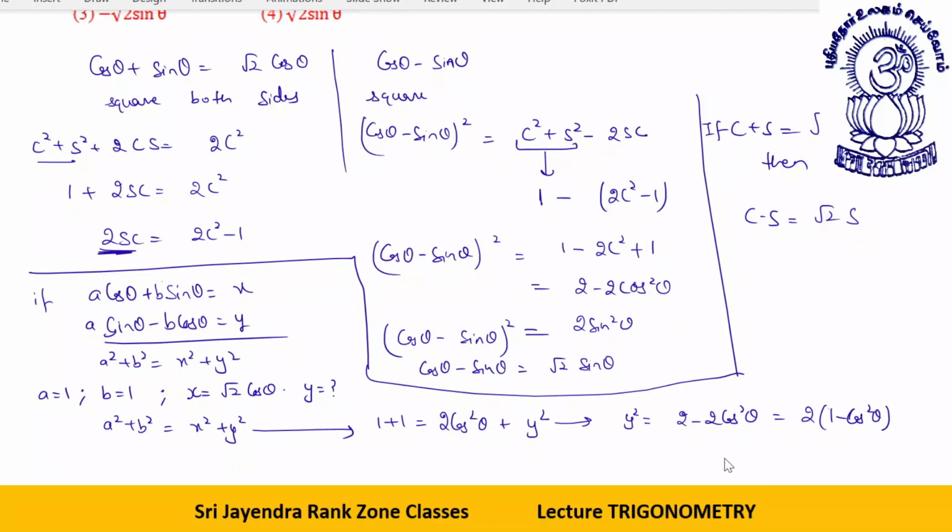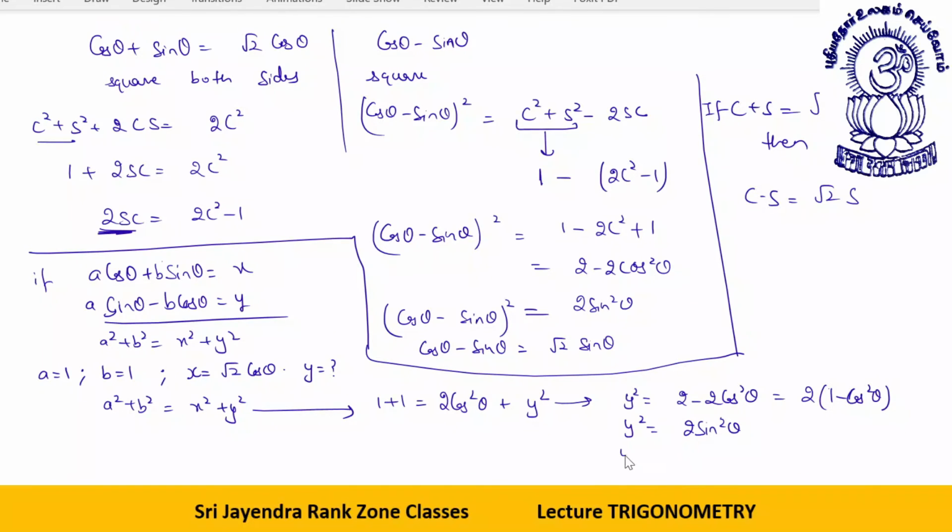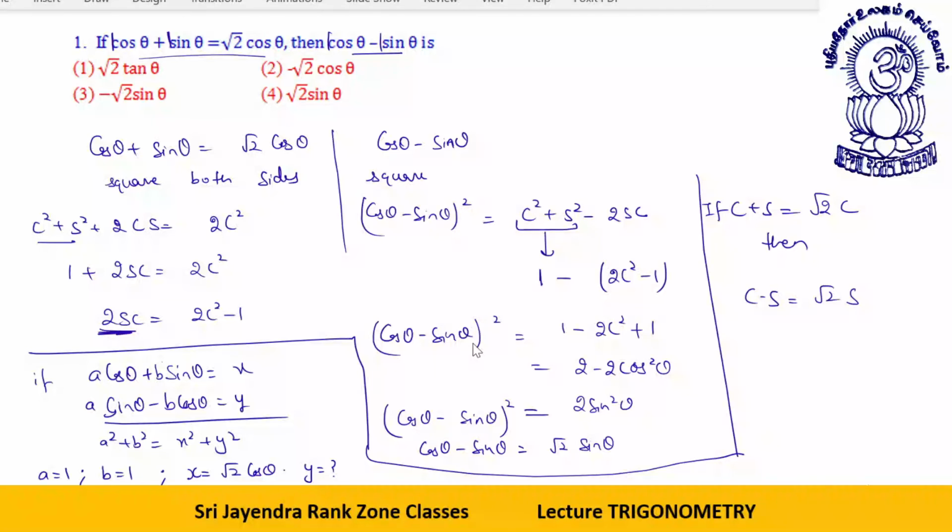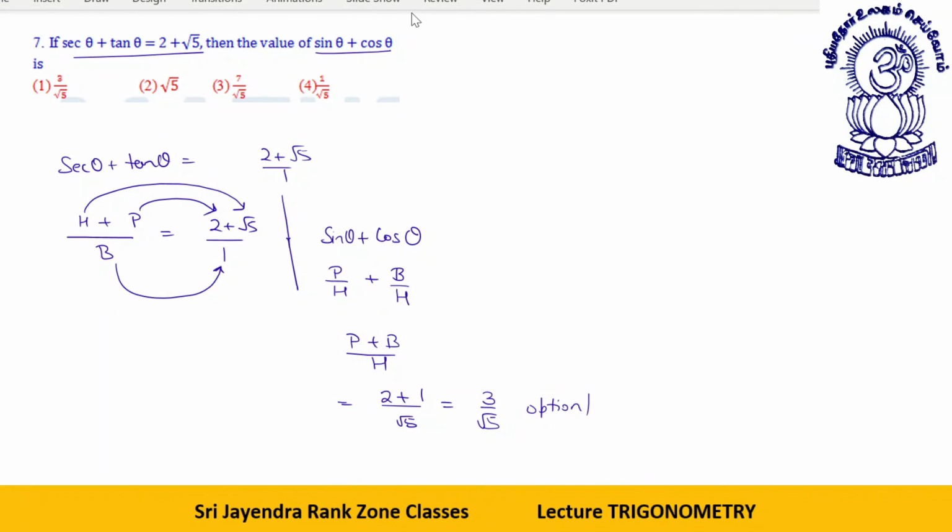This you can directly say y square is equal to 2 sine square theta. This implies y is equal to root 2 sine theta. y is equal to root 2 sine theta by both the methods. Your answer is option number 4. Clear to all? Okay, let's take the next one.